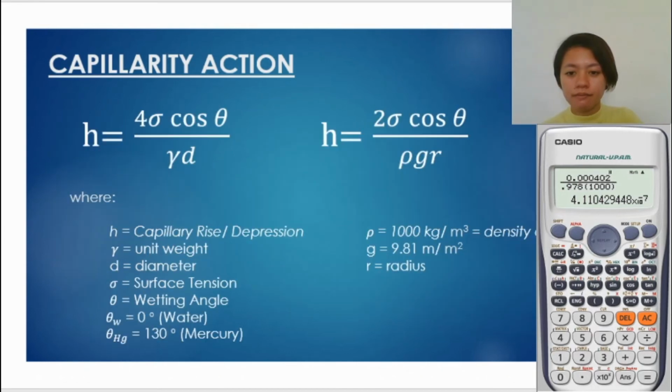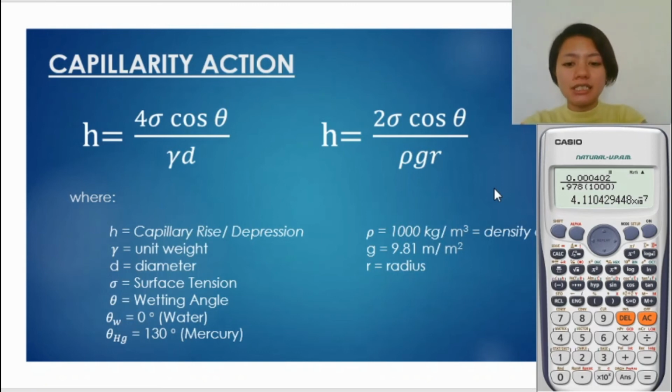So nara atong formula para sa atong capillarity action. Natay two formulas. We have here 4 omega cos theta over unit weight times diameter, or 2 omega cos theta all over density times gravity times radius.